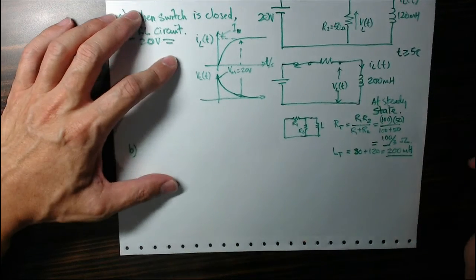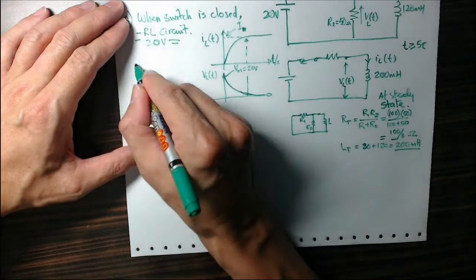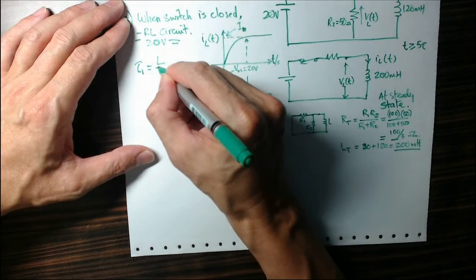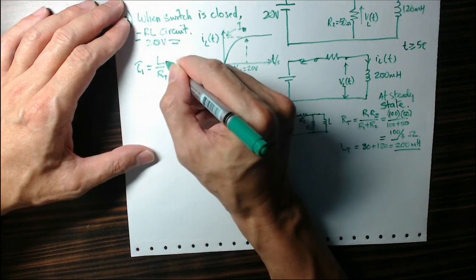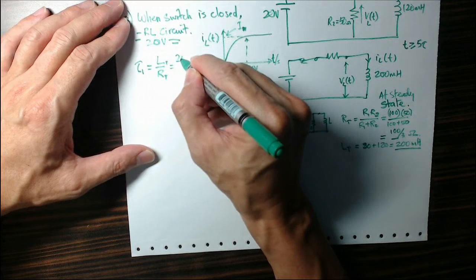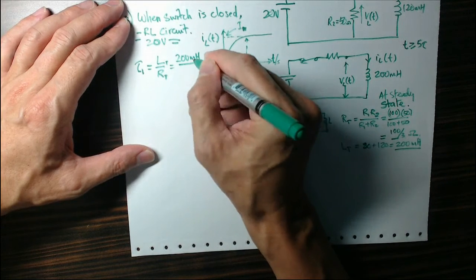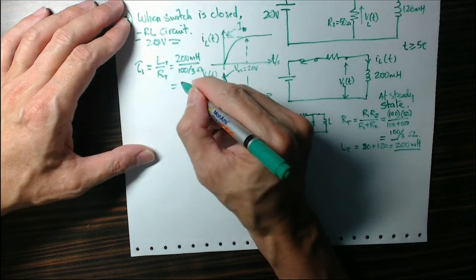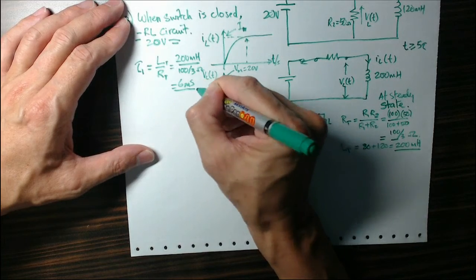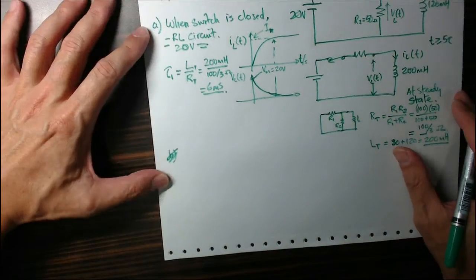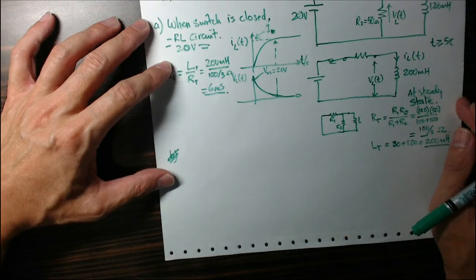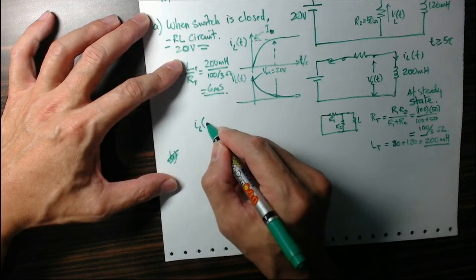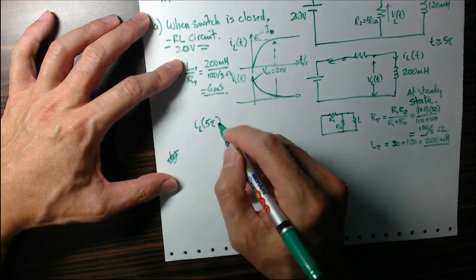Therefore, the time constant for this circuit is L over R, which equals 200 millihenry over 100 divided by 3 ohms. That gives me 6 milliseconds. Next, I want to know what is ILT after steady state, that means after 5 tau.